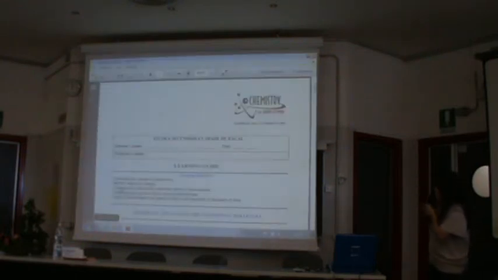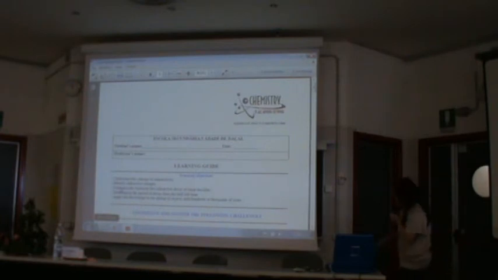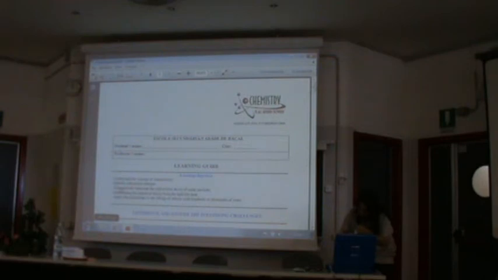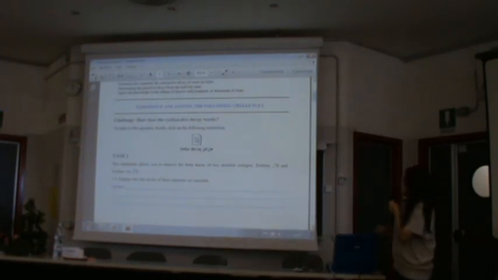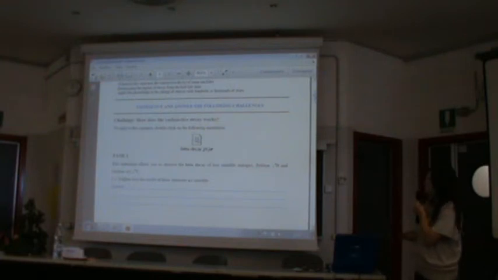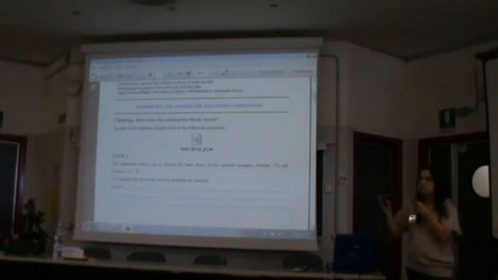So here I have the learning guide. The first part is the definition of the objectives, and then the second part is to experience and answer the questions that are put, as I said, as challenges. And we have a main question that is put like a challenge, and then the student has several tasks.